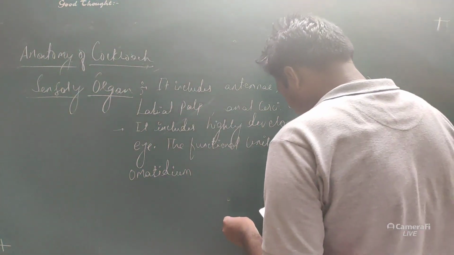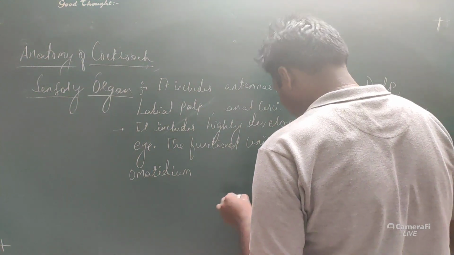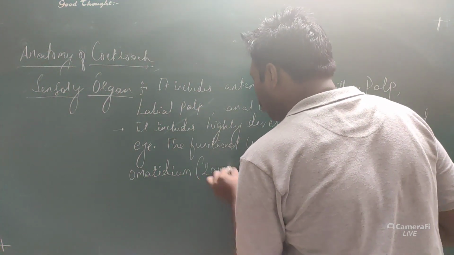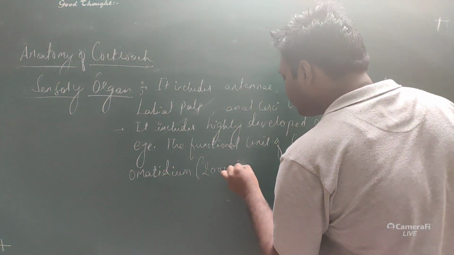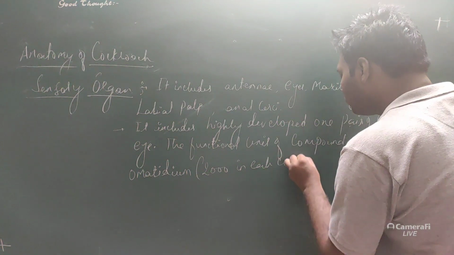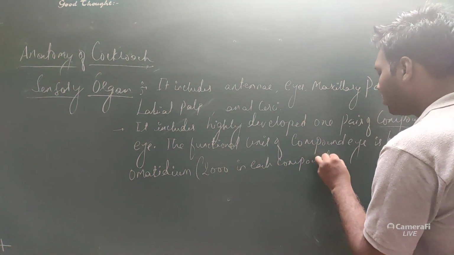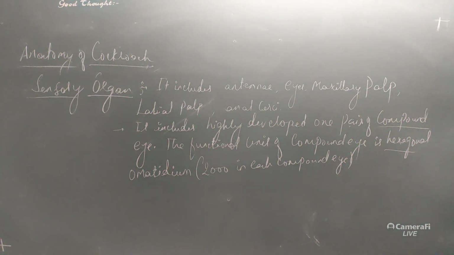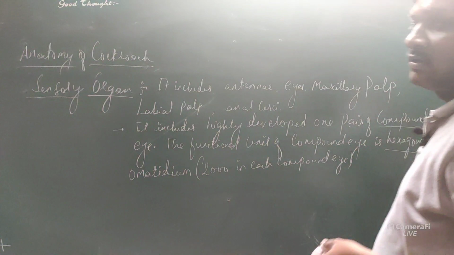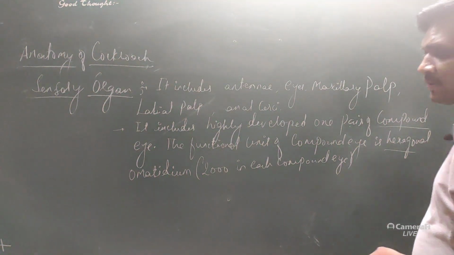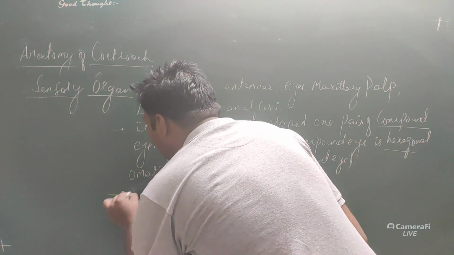Around 2000 ommatidia in each compound eye. So they have one pair, in the sense two compound eyes, so 4000 ommatidia are located in the compound eyes, and these are responsible for showing mosaic vision.